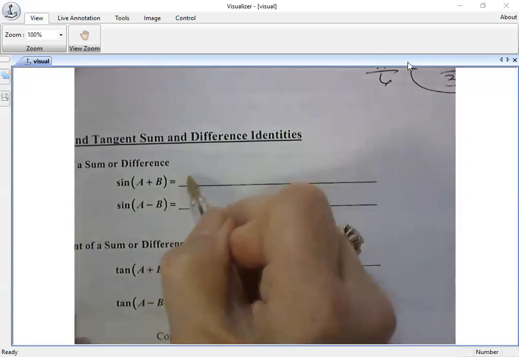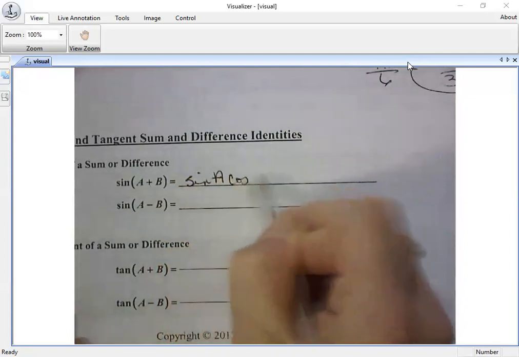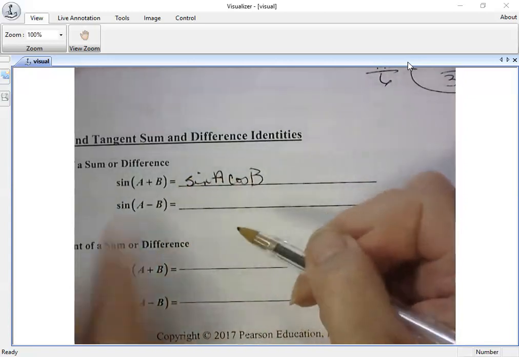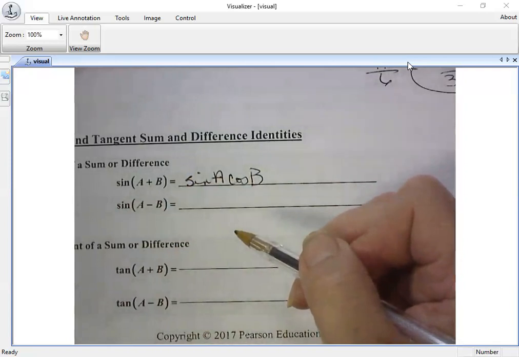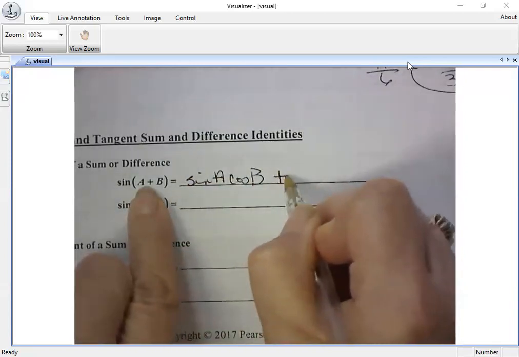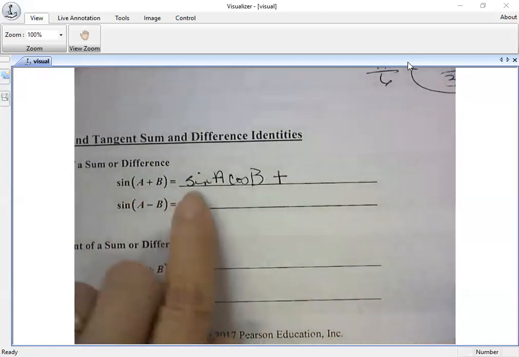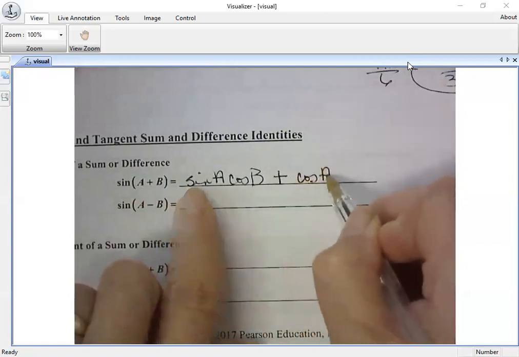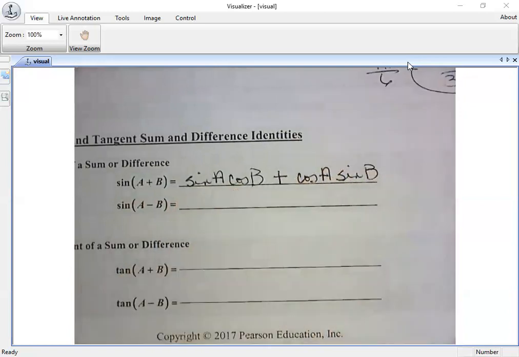So we'll start with the sine of angle A, multiplied times the cosine of angle B. And here's the other difference: our sign stays the same. It doesn't reverse like it did with cosine. So if I start with a plus, I'm going to have a plus here. And then I'll have to take the opposite. If I had sine of angle A here, I'm going to need the cosine of angle A here, and then this will be multiplied times the sine of angle B.